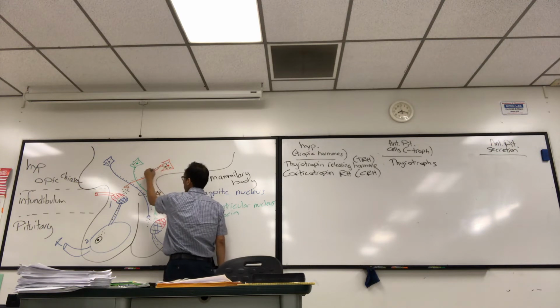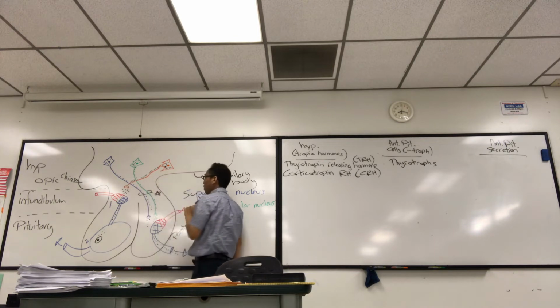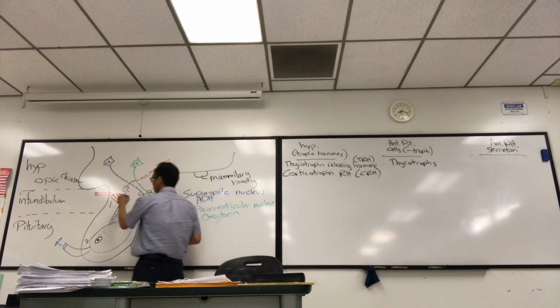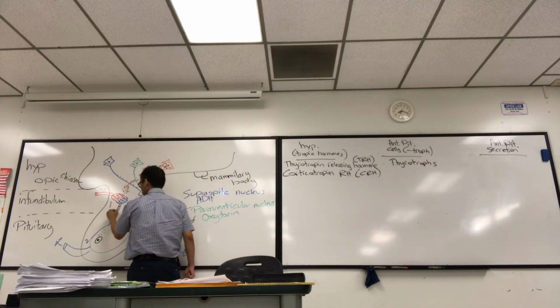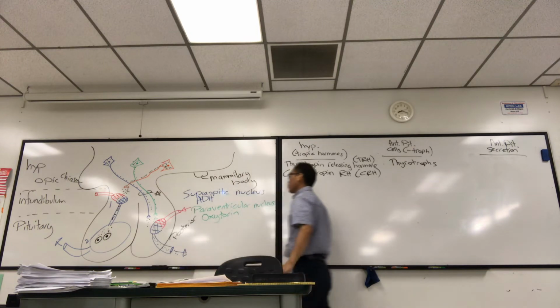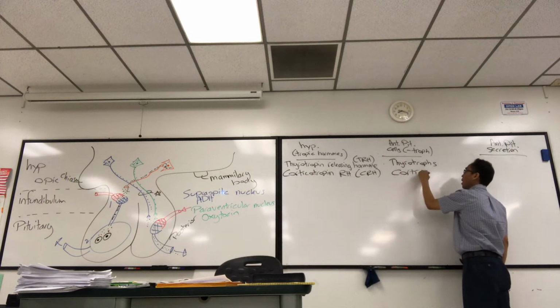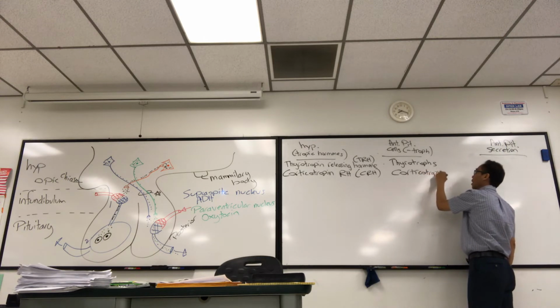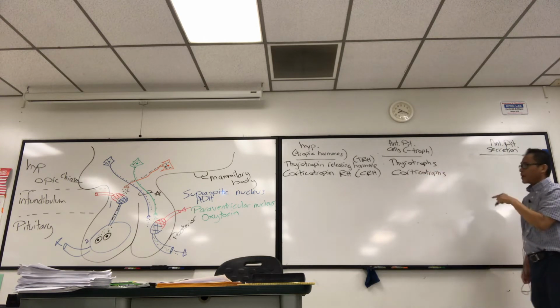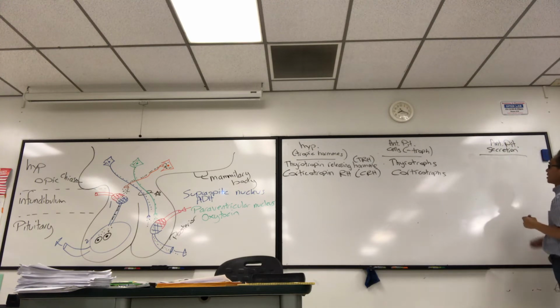Black dots, CRH is going to travel down our neuron and get to cap bed 1. It's going to get into our portal system. It's going to go to cap bed 2, and there are cells called corticotropes. That will secrete, when stimulated by CRH, because it's a tropic hormone, ACTH, okay?